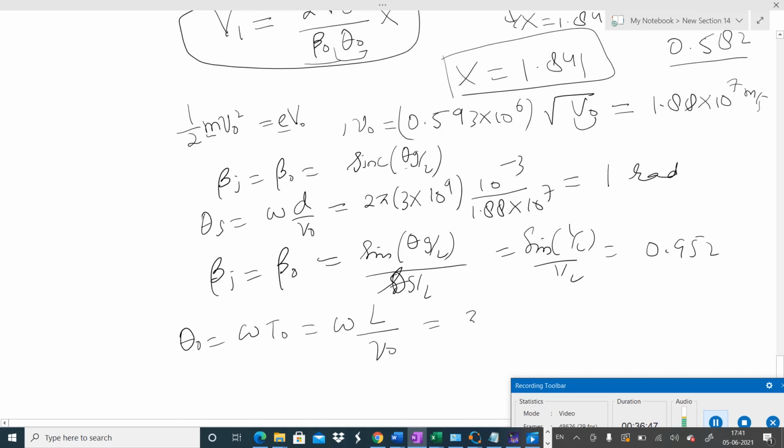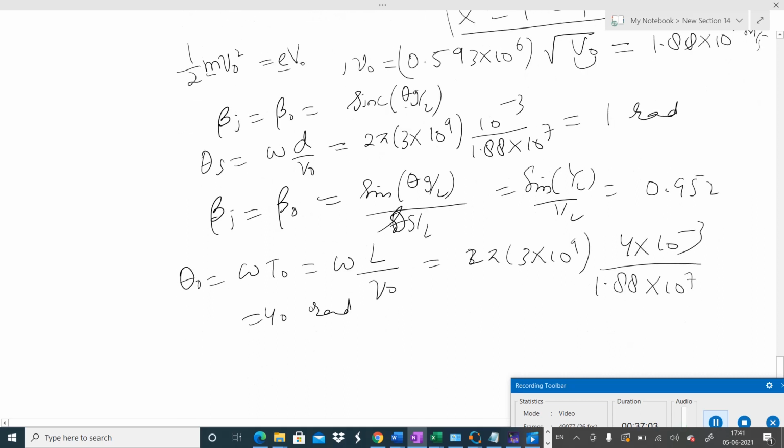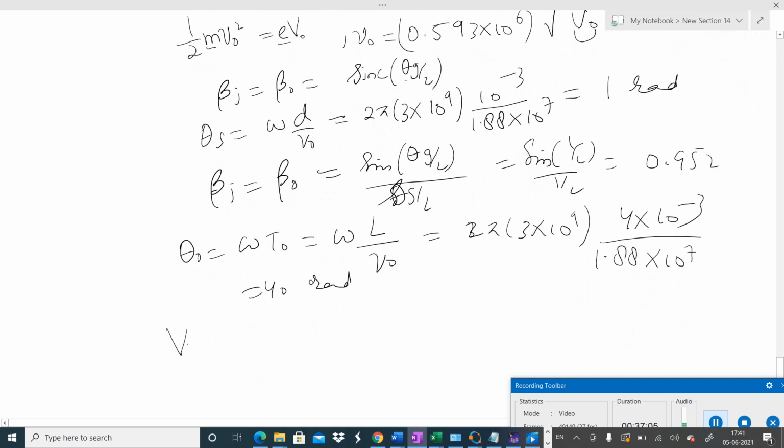Omega is given as 2 pi times 3 gigahertz, and L is given as 4 centimeter. V naught you have found, 1.88 into 10 to the power 7. So this is 40 radians. Now you have all the values to find V1 max, which is 2 V naught x divided by beta i theta naught, which will be 96.5 volts.